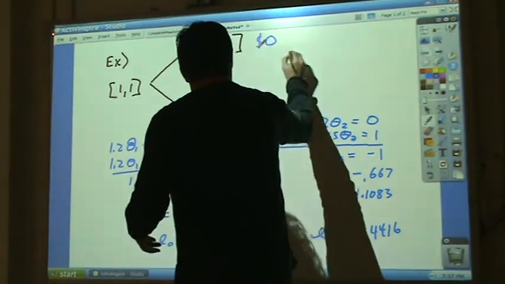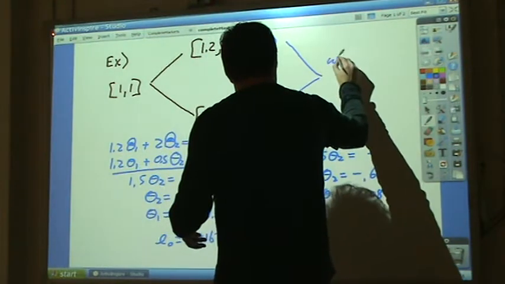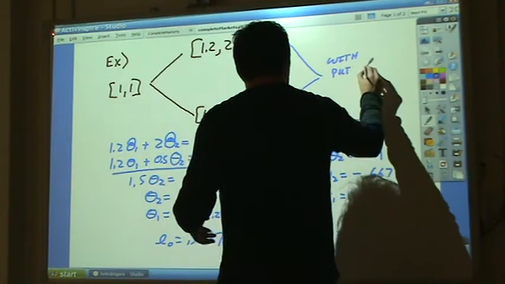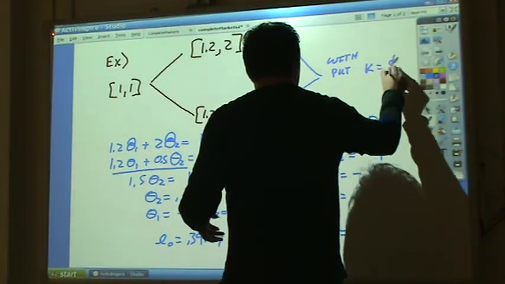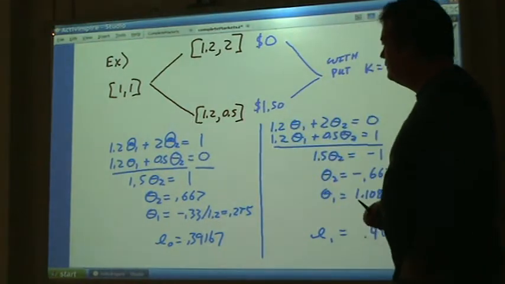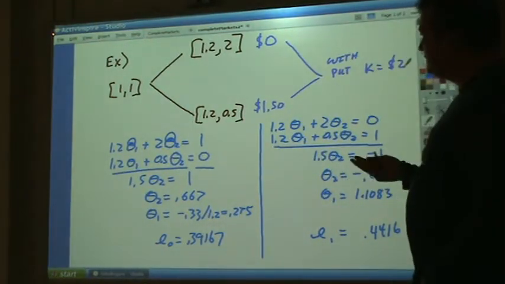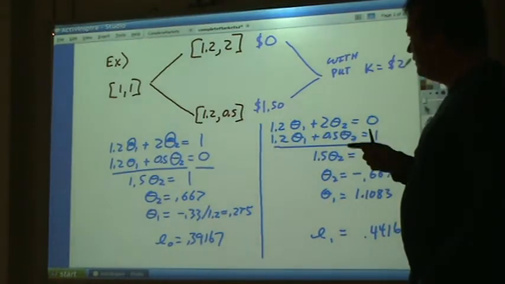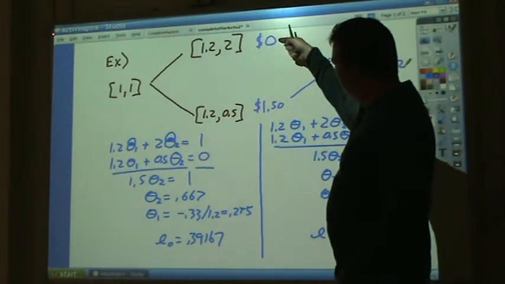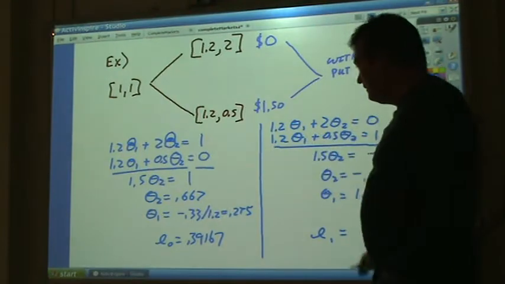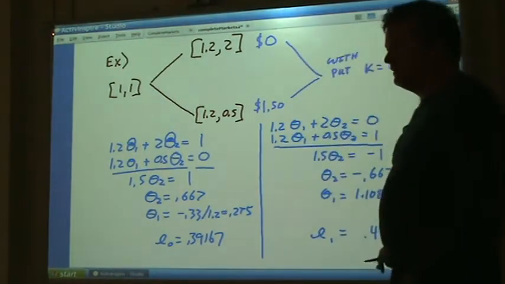So with a put with a strike price of $2, you'll get these payouts, either 0 or $1.50. The question being asked is, how much would you pay right now for a put option that will, one year from now, get these two payouts? Can you simulate these two payouts using the elementary securities?